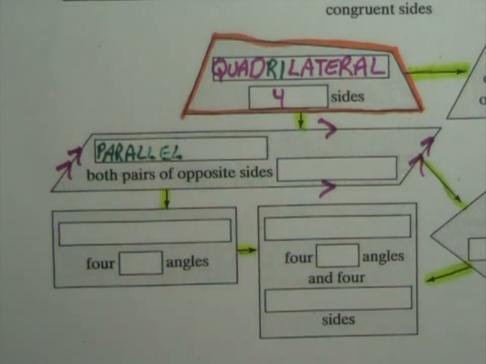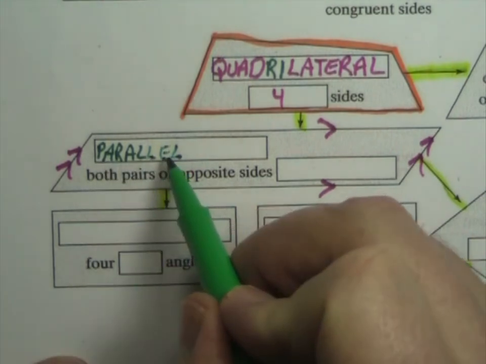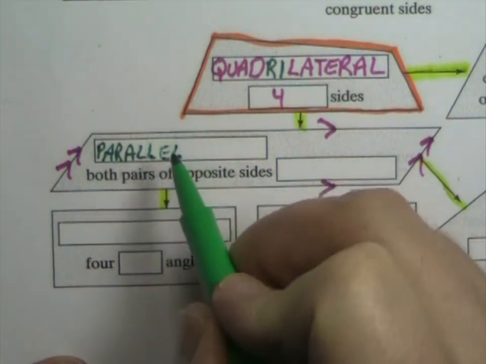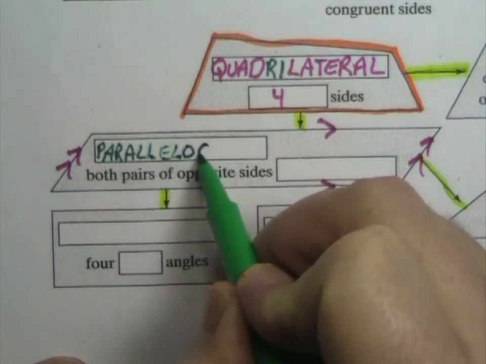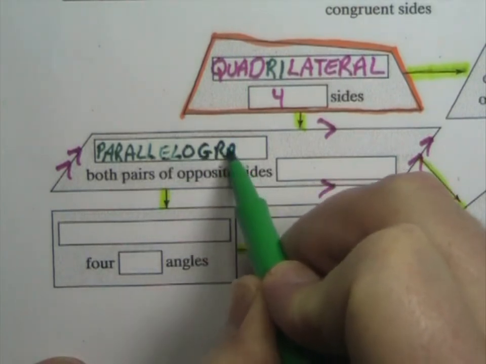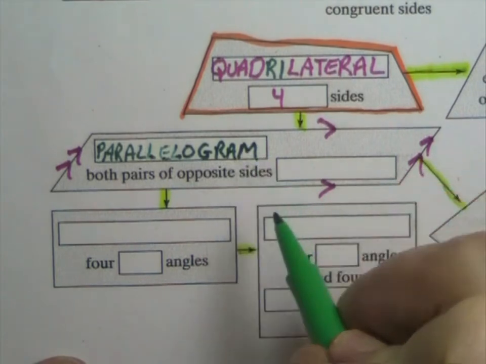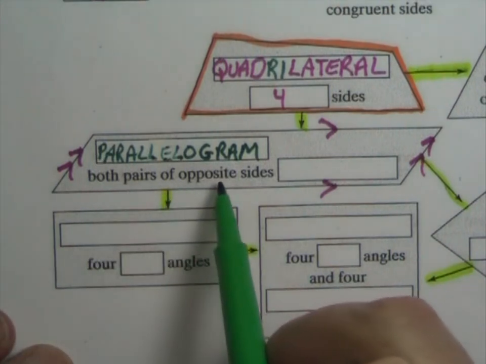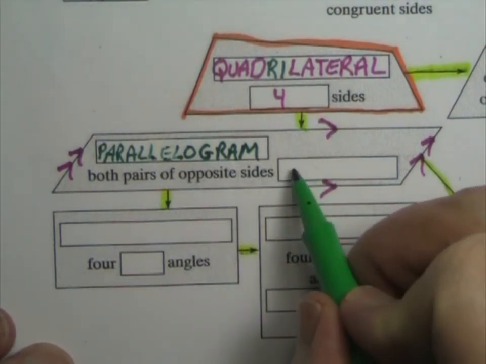Okay, and this shape is a parallelogram. I made a typo there too because it should be double L. Parallelogram. And both pairs of opposite sides are parallel.